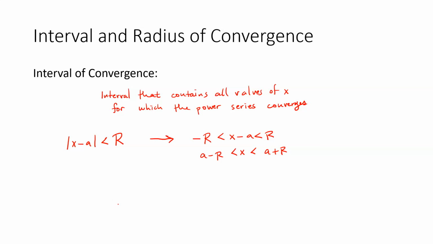And in our example that we looked at, we noticed that it's very possible that at the endpoints it could be convergent or it could be divergent. So we have different possibilities at the endpoints. They could be included or they could be not included. They could be open at the endpoints.